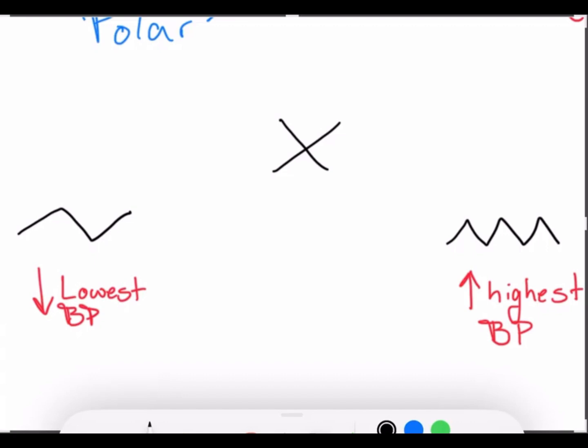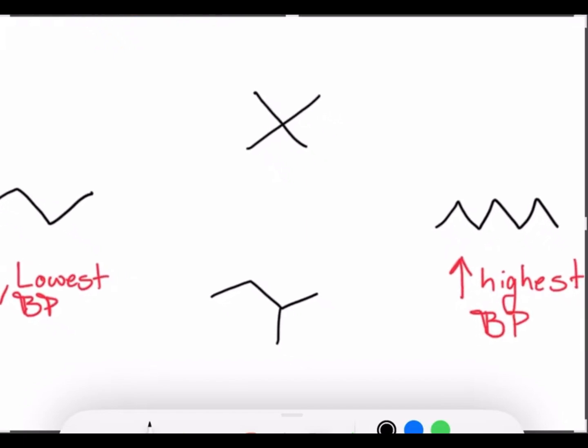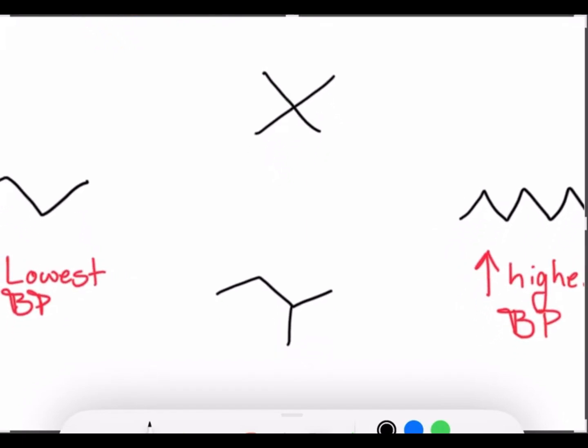And I will also show you this one right here. Perfect. All right. Out of these 2 molecules, I want you to think about which one is going to have the lower boiling point or the higher boiling point.